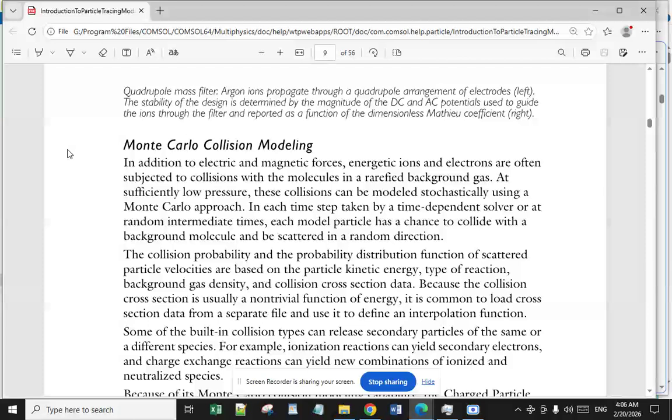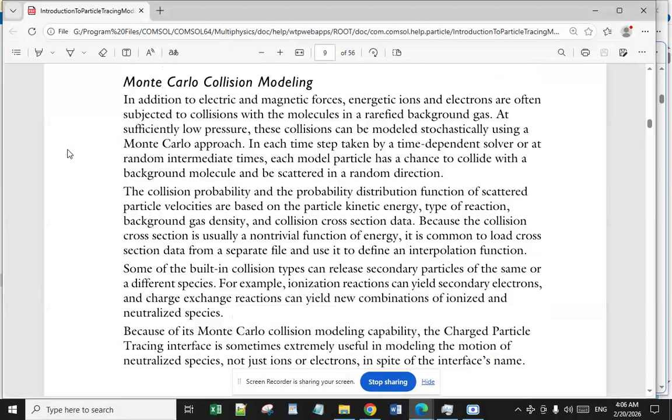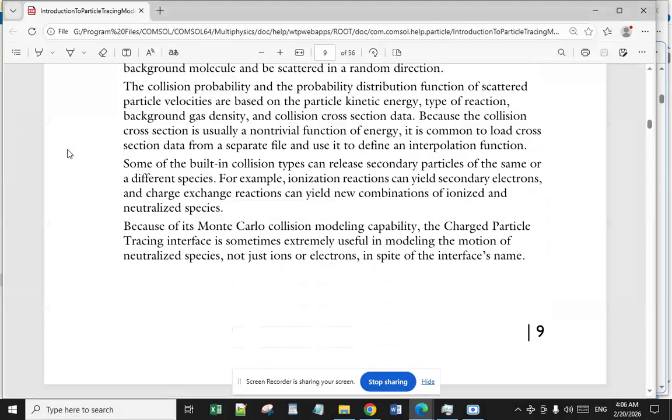In each time step taken by a time-dependent solver, or at random intermediate times, each model particle has a chance to collide with a background molecule and scatter in a random direction. The collision probability and the probability distribution function of scattered particle velocities are based on the particle kinetic energy, type of reaction, background gas density, and collision cross-section data.